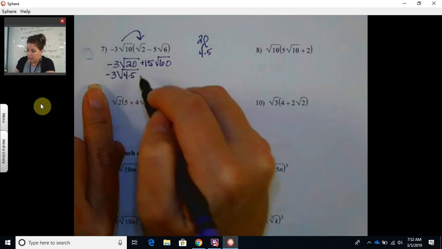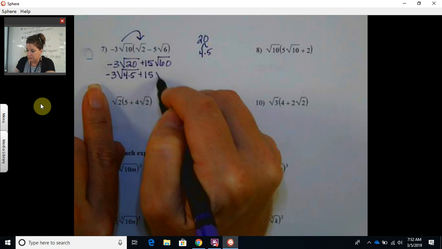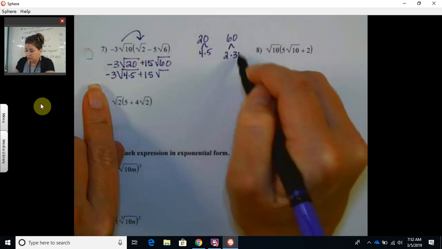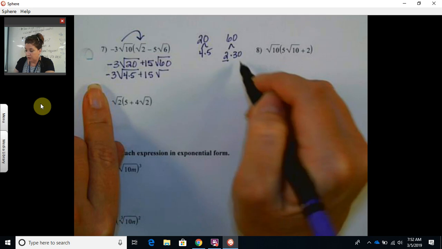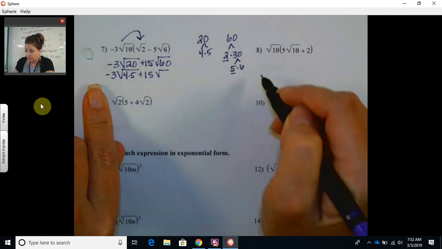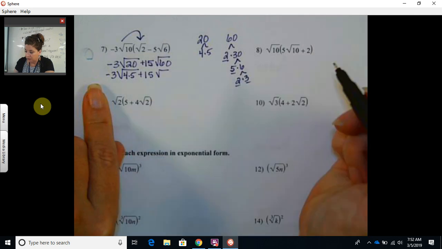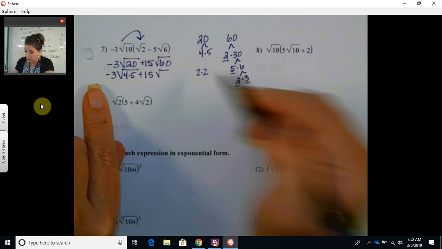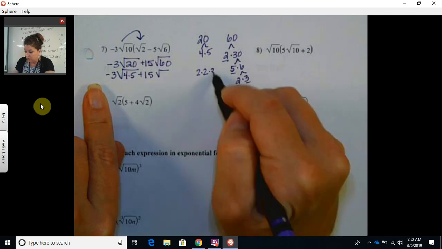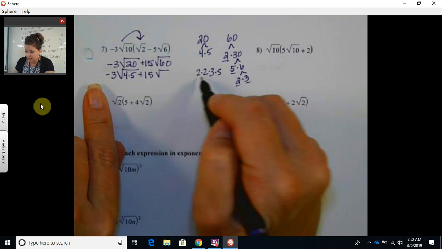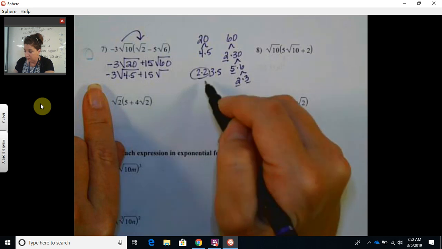Plus 15 times, let's see, 60 is 2 times 30. 30 is 5 times 6. 6 is 2 times 3. So my prime factors are 2 times 2 times 3 times 5. Do I have any perfect squares in there? 4. Yes. So I'll replace 60 with 4 times 15.